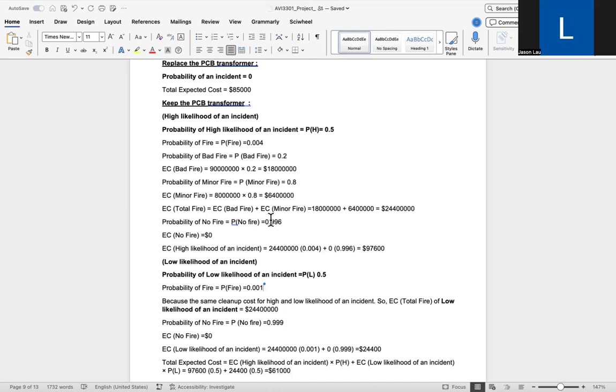So we get the expected cost of a fire, which is 24.4 million.